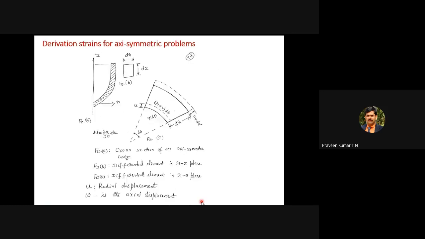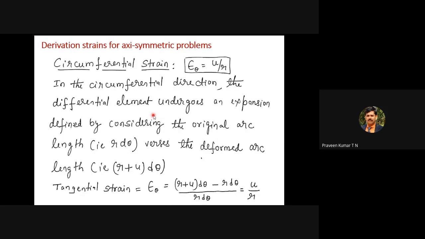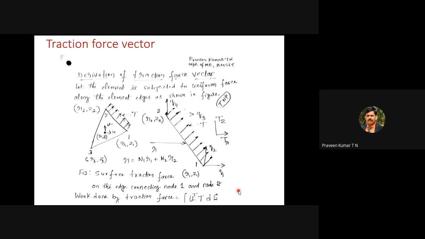You can see in this diagram, this arc length is r d theta. This arc length is r plus u into d theta. The total deformation in the tangential or circumferential direction is r plus u into d theta minus r d theta, divided by the original dimension r d theta. Same thing is given here. Finally, you get u by r.